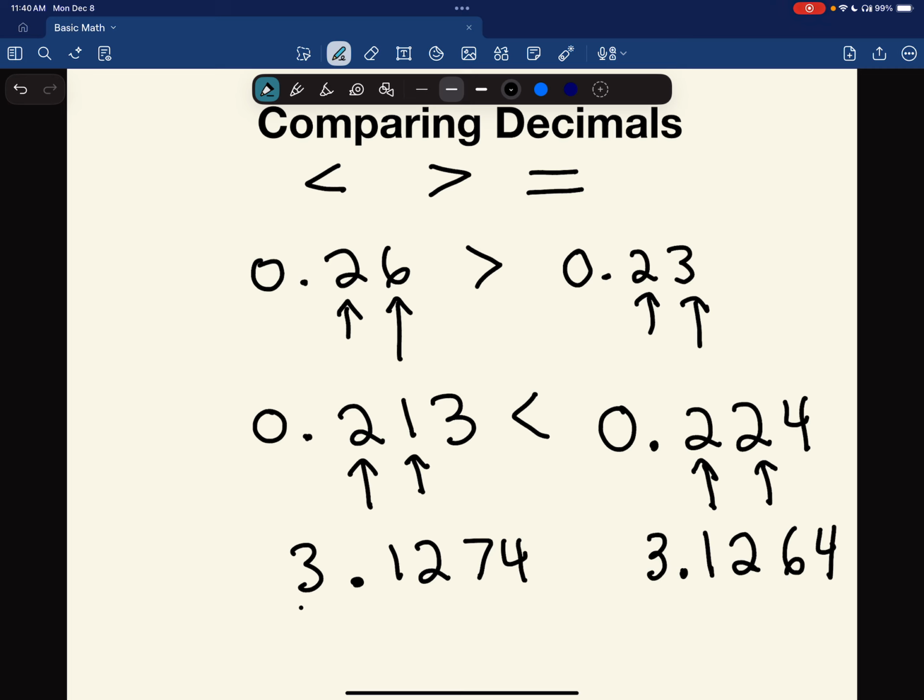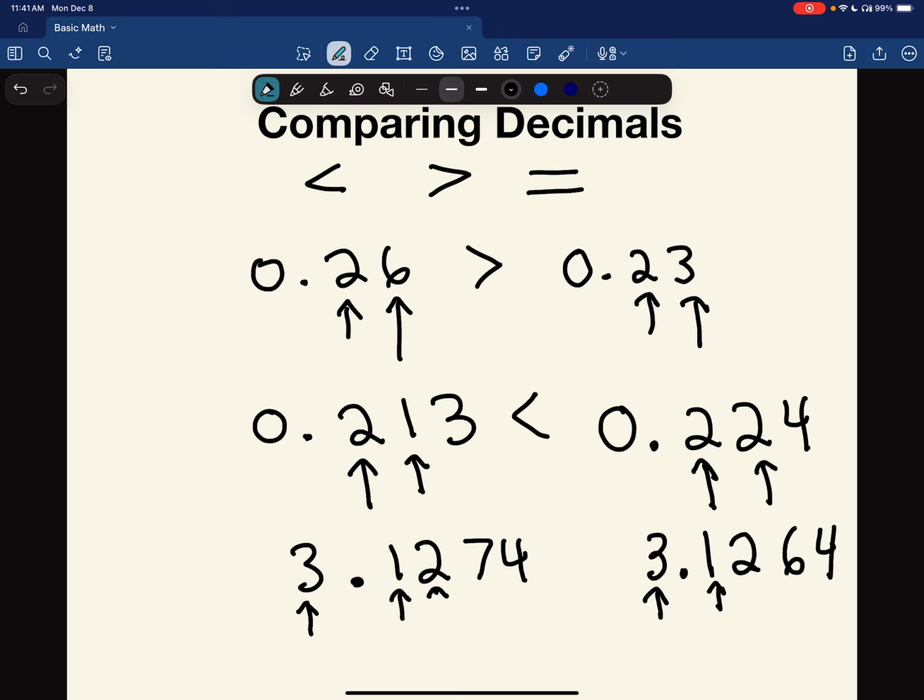Notice the digit in front of the decimal point is a 3. They're the same, so we're going to move on to the digits after the decimal point. We have 1 and 1 for both numbers, so we move on to the next number to the right.